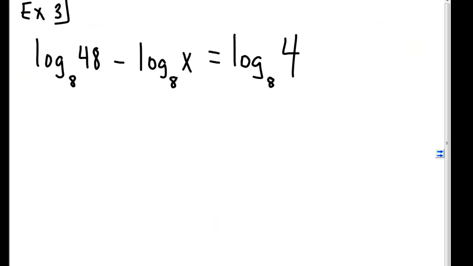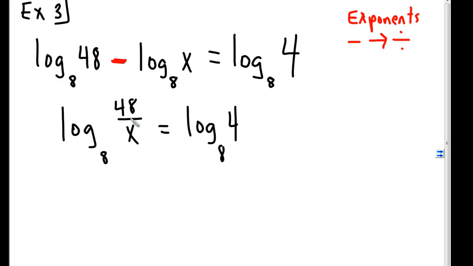Example 3. Log base 8 of 48 minus log base 8 of x equals log base 8 of 4. The right side is already condensed, but we need to work with the left side. There are no exponents that need to be moved, so we need to condense our expression by changing the negative in this problem back to a division.